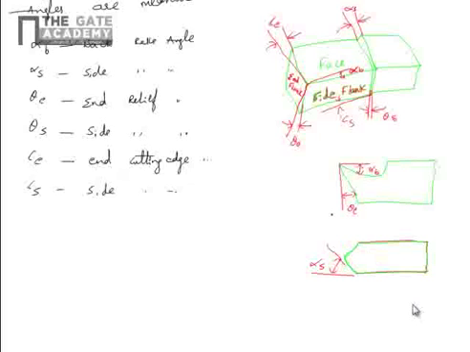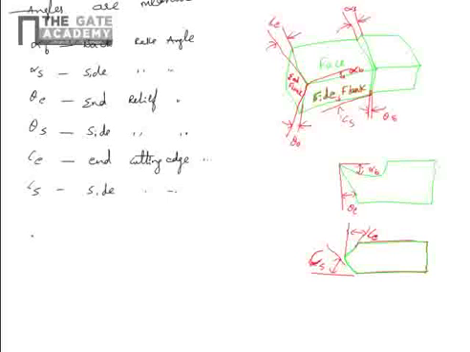Side rake angle. CS, side cutting edge angle. This one is end cutting edge angle, another one. End cutting edge angle. So you have to imagine how it looks like. Just a rectangular block with slight inclinations.